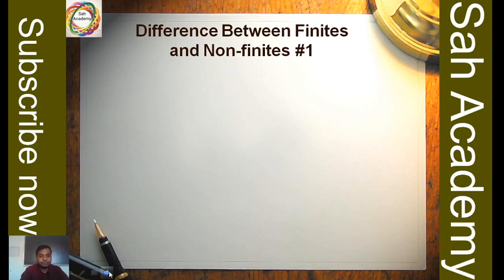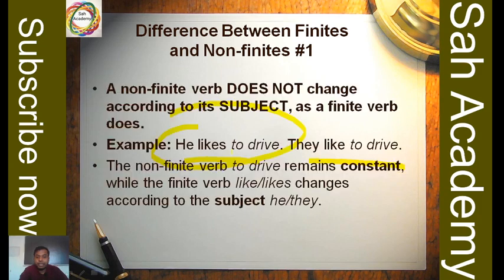Now look at both examples. In the first example, he likes to drive, here likes would be our finite verb, and drive would be our non-finite verb. The subject is he, so that's why we have used likes.